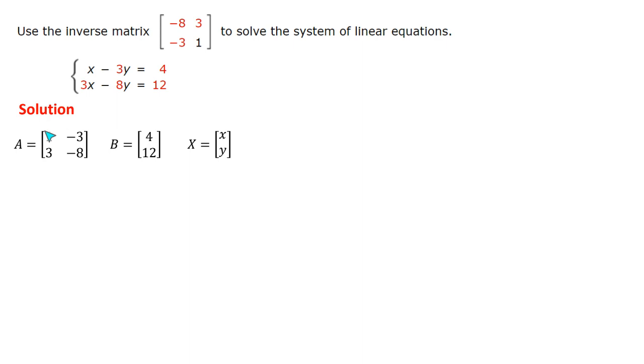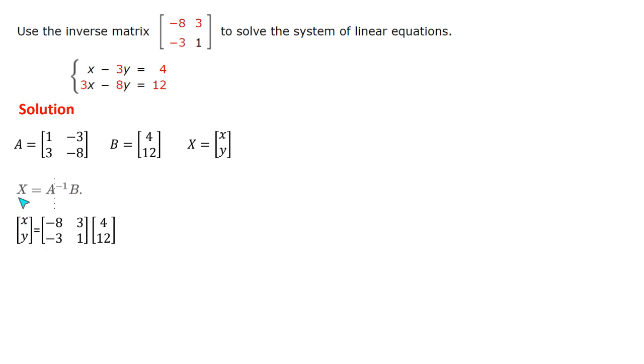And the first step you want to do is take the inverse of this matrix. And I already did that here. So if you take the inverse of this matrix, it's going to be this one here. Okay. And then your matrix B is going to be your constants. So 4 and 12. So that's your constants. And then the matrix X is just your variables, X and Y.